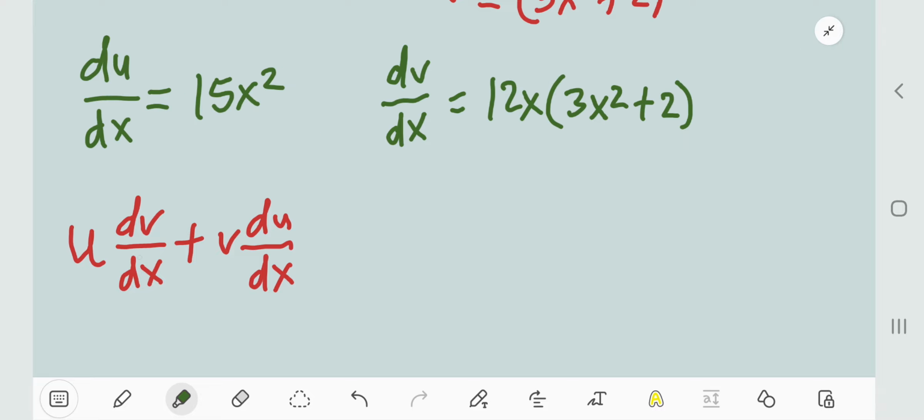Now that we have dv over dx and du over dx, we are going to plug in the values.